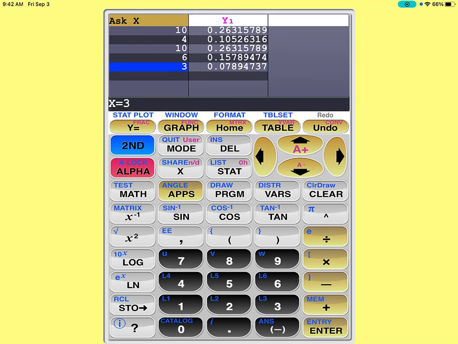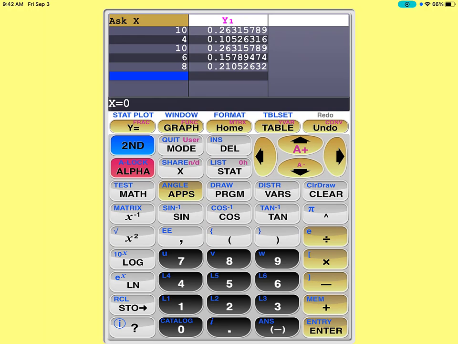Some of you probably just did 10 divided by 38 and got 26. And then the last one was 8. Okay, so if you add up all those numbers on the Y1 list, you should get 100%, right? So 26, 10, I'm just double checking, 36, 62-ish, 62, 77, 99, yeah.